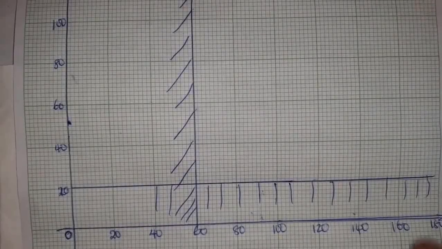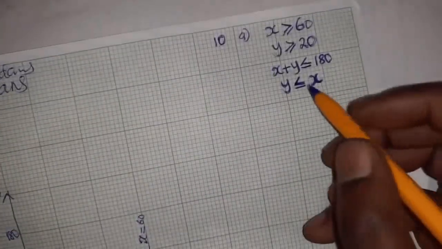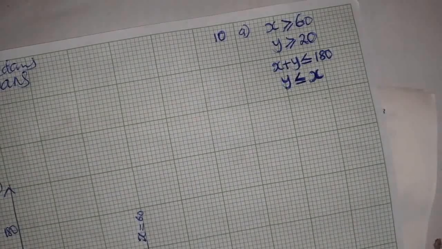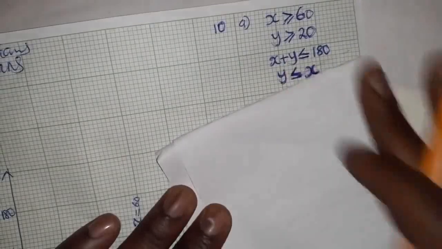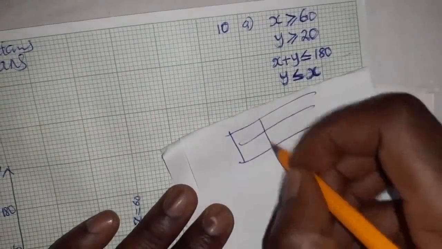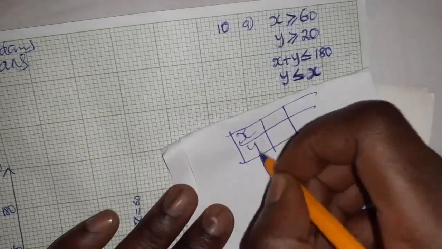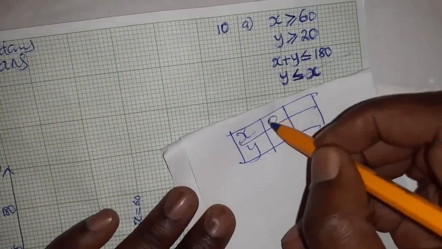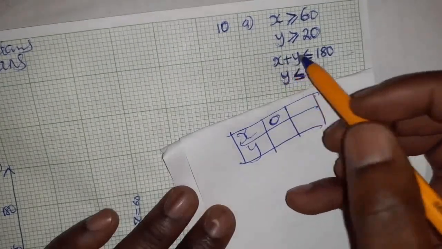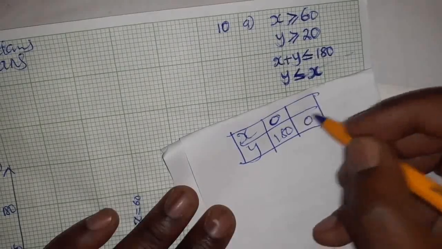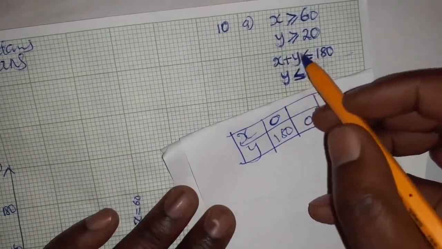Then for this one, you need to come up with a simple table of coordinates here. You can say x and y. So if you put 0 here while there is x, what is going to be y? Y will be 180. What if you put 0 here while there is y?